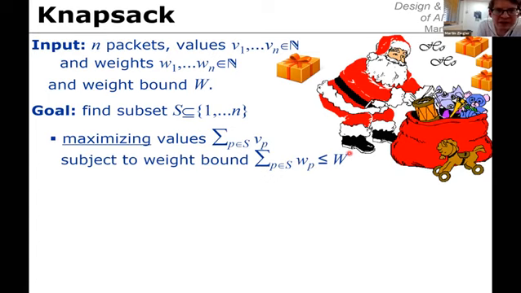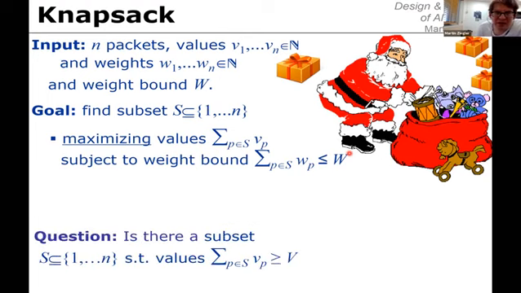So that's knapsack as a maximization problem. Maximize the values of a chosen subset of the packets while respecting the weight bound. A different way of formalizing knapsack is as a minimization problem.